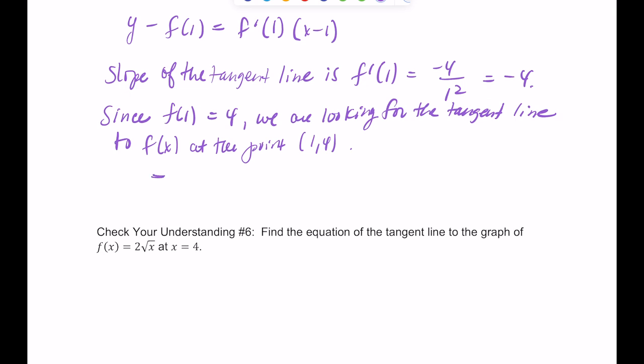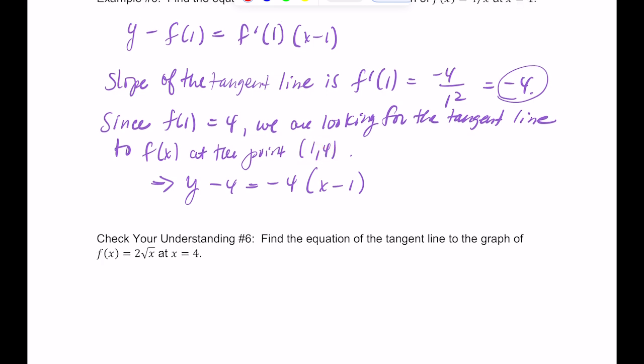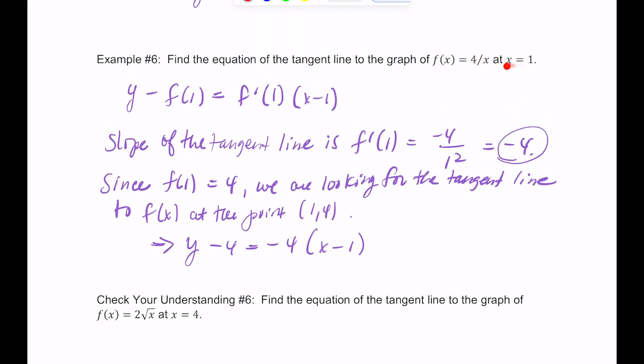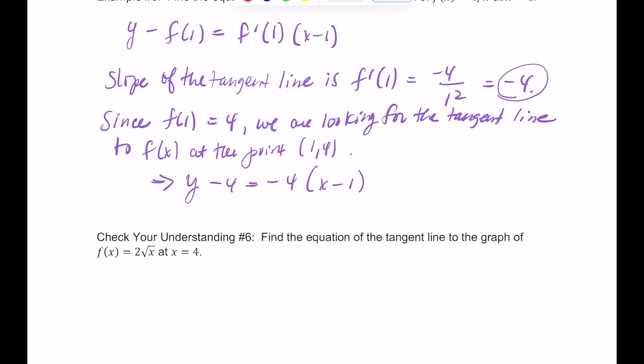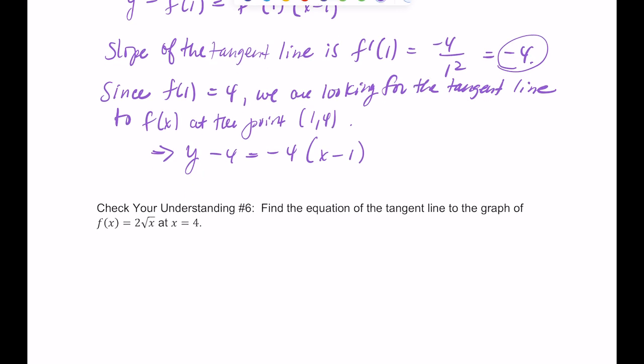So again, I'm just going to use my point slope formula, and I would have y minus y1, which is 4, equals m. M is your derivative, so negative 4 times x minus x1. Okay, and again, I got this random point by plugging in a value here, x equals 1. Then you'll just go through and use some algebra, so you get y minus 4 equals negative 4x plus 4, and then you would add 4 to both sides. You would get y equals negative 4x plus 8.